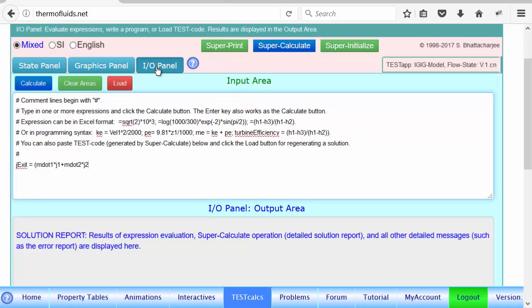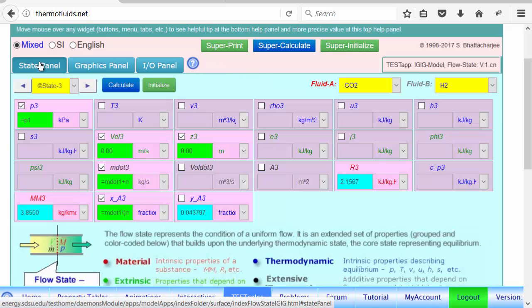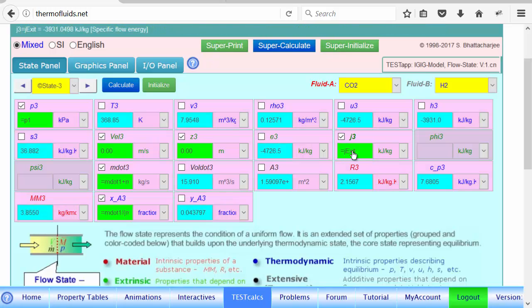This is all the energy that is coming in. That must be divided by m dot 3. Because we have already computed m dot 3, we can find J at exit, which is evaluated as values. But we'll go to the state panel and we'll put the equation there. J3 must be J at exit. So that determines the final state, the exit state.